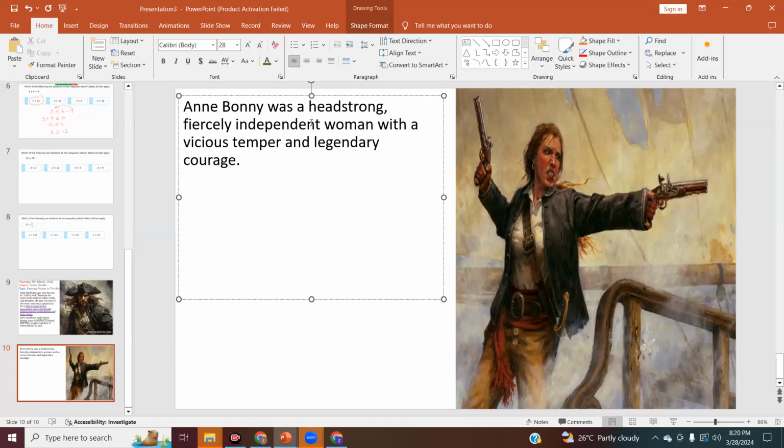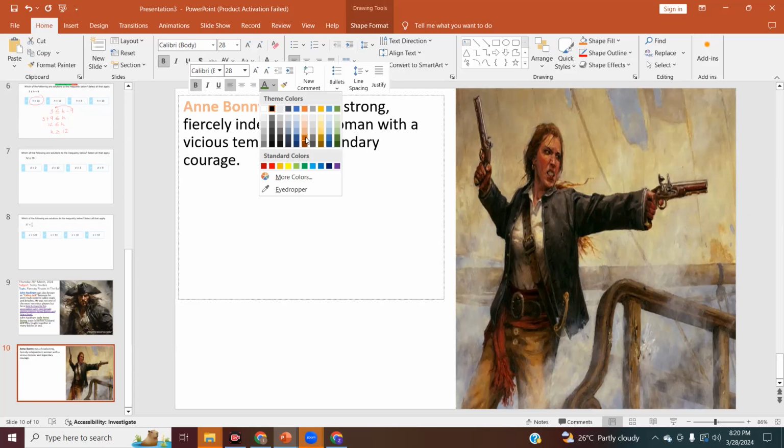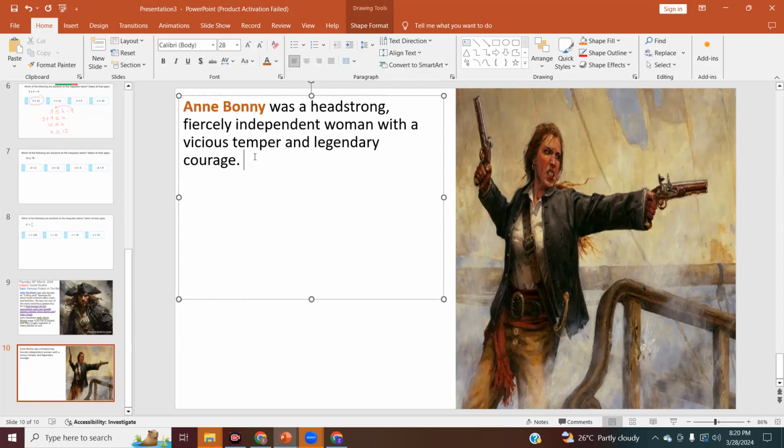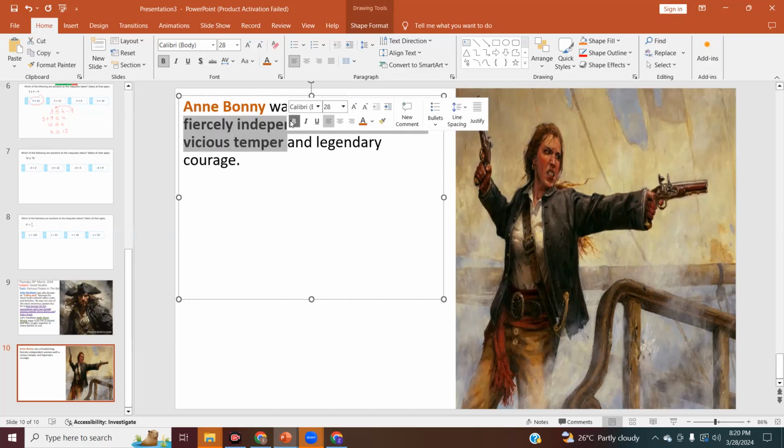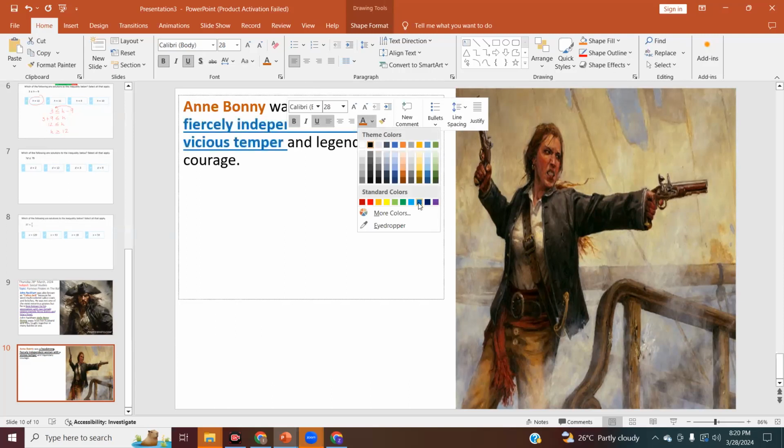Anyone know anyone like Anne Bonny, who is headstrong, who has a vicious temper? Anyone know people like that? No, sir? When we say headstrong, what does it mean? No, that's not what headstrong means. Hard-headed, stubborn.